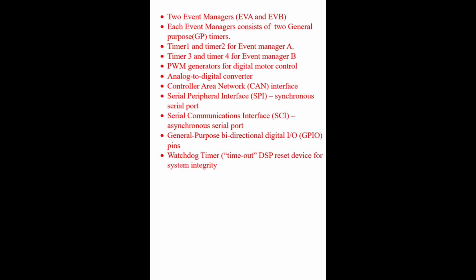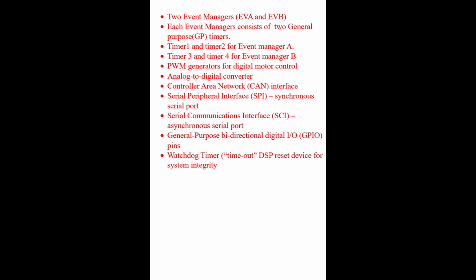The CAN network gives the highest priority to the master processor and the least priority to the slave processor. Even if both give different signals at the same time, it will obey the master processor.